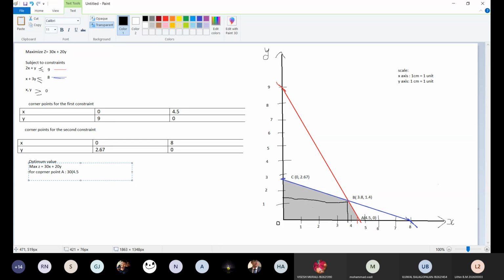Plus 20 into 0. So what is the value? 4.5 into 30, that is 135.